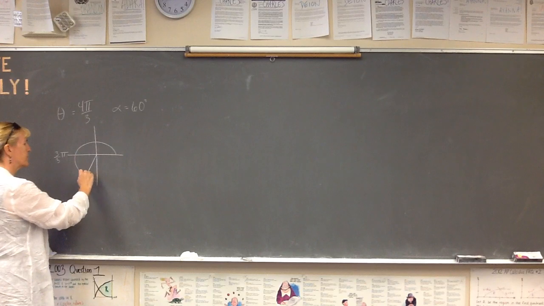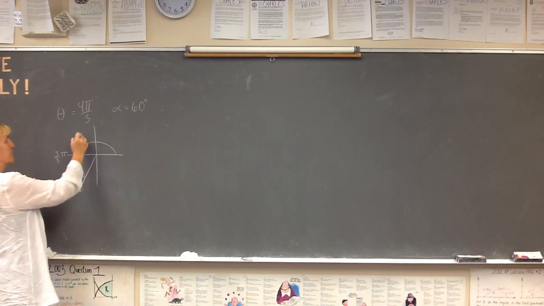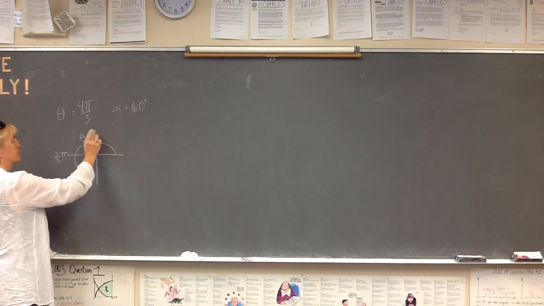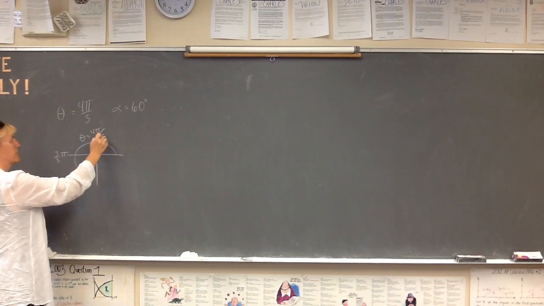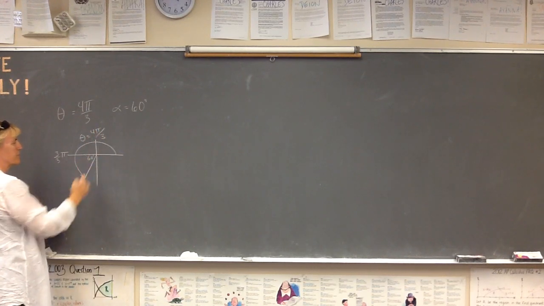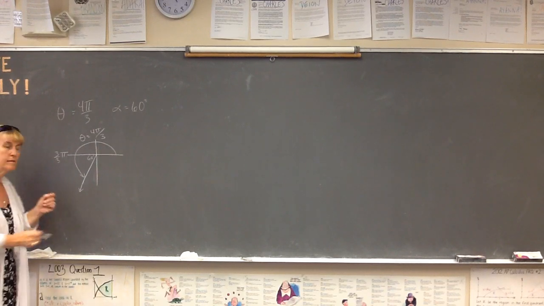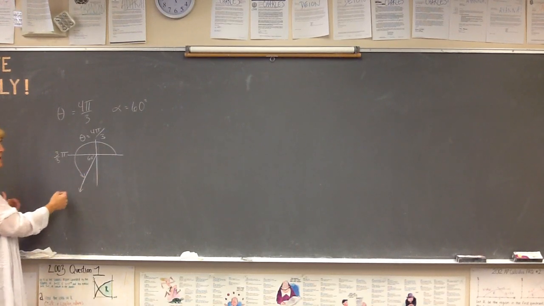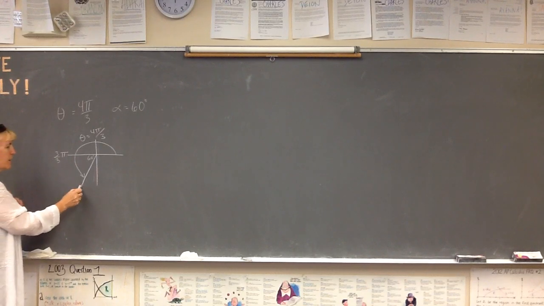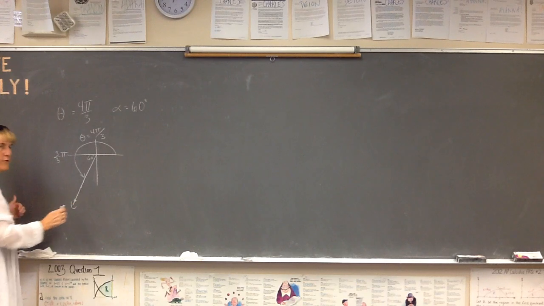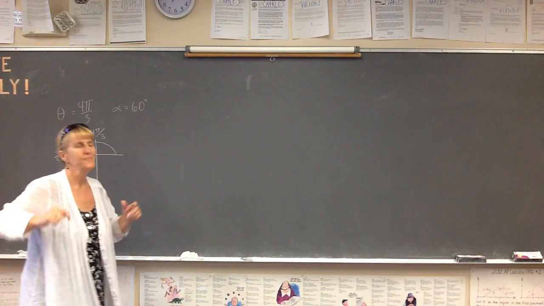I'm all the way over into quadrant 3 with my theta, which is 4 pi over 3. And this is a 60 degree reference angle. Now I need to pick a point on the what? The terminal side. I can pick any point I want on the terminal side and draw perpendicular lines to the x-axis.